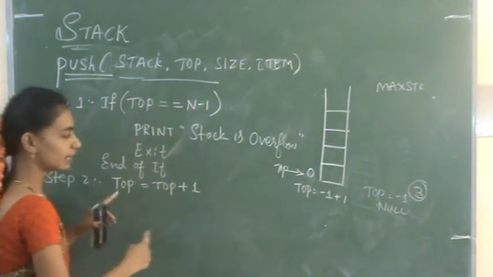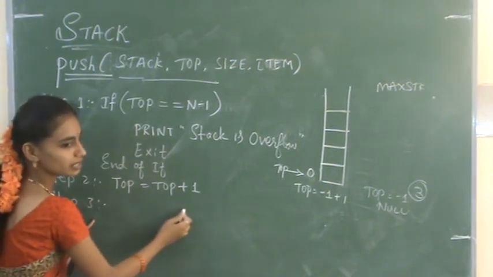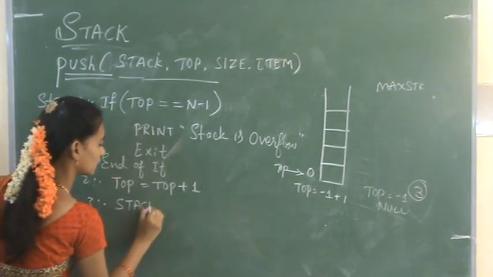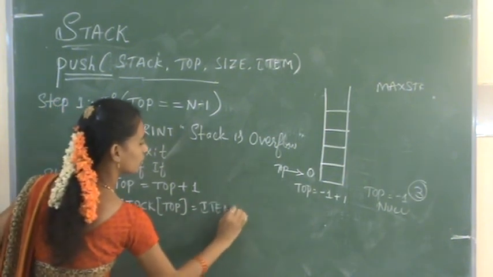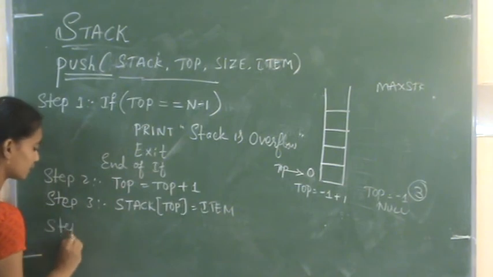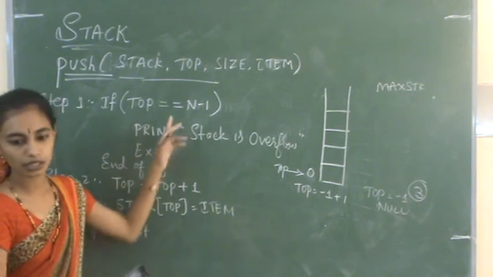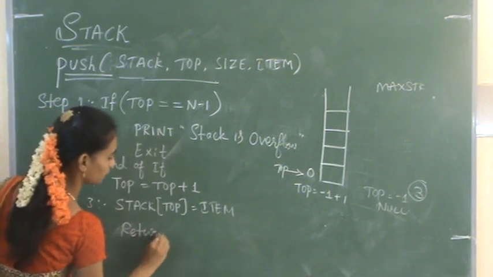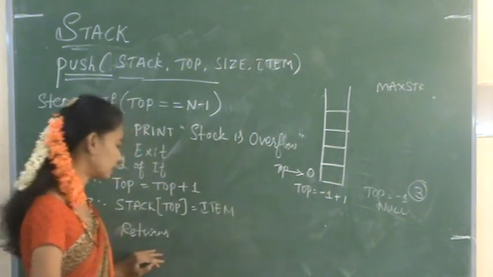Now I need to insert an element into the stack, right? That is the third step. So I am inserting the element into the top of the stack, and then returning from this function, which means whichever new item is inserted into the stack will be displayed.